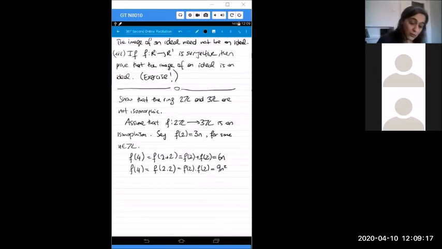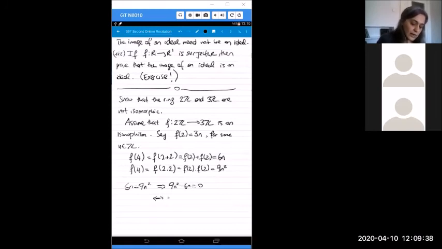So if these two rings were isomorphic, this means that 6n and 9n squared should be equal. From here, we have that 9n squared minus 6n is equal to 0.